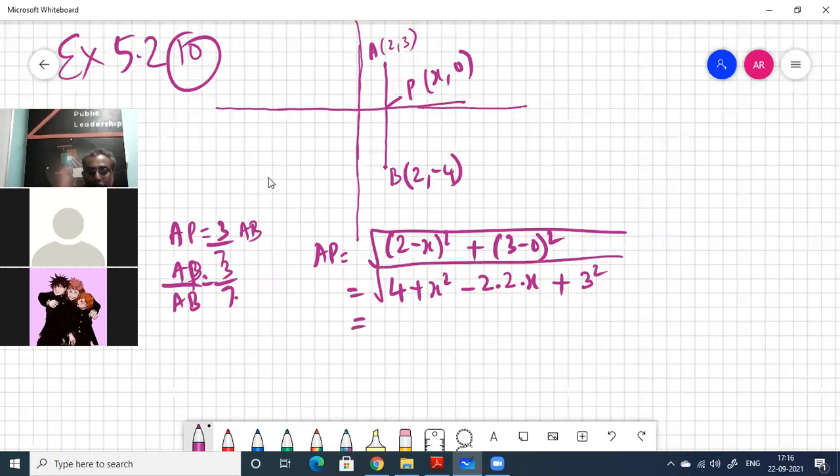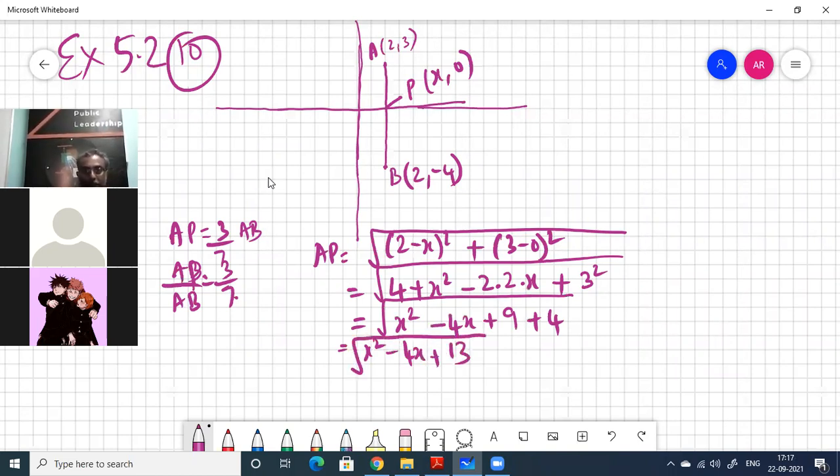That is equal to x squared minus 4x plus 9 plus 4, which is x squared minus 4x plus 13. Okay, that is AP.